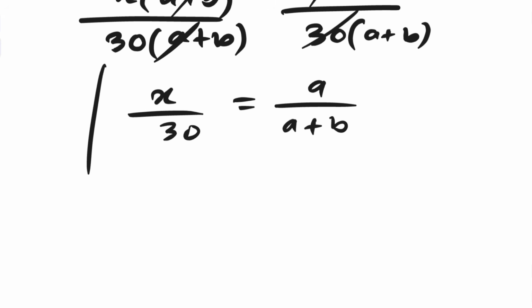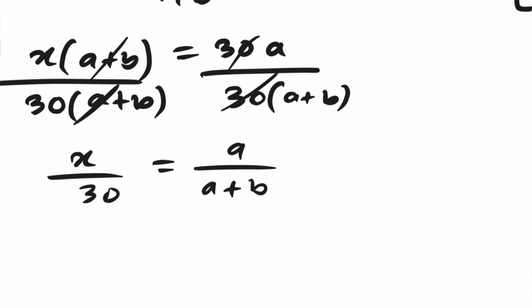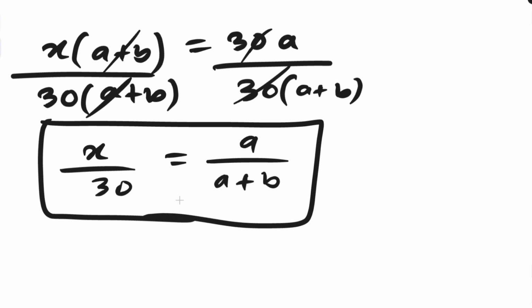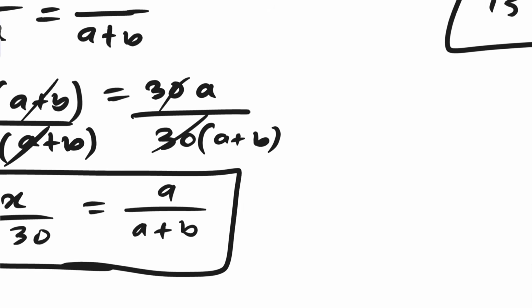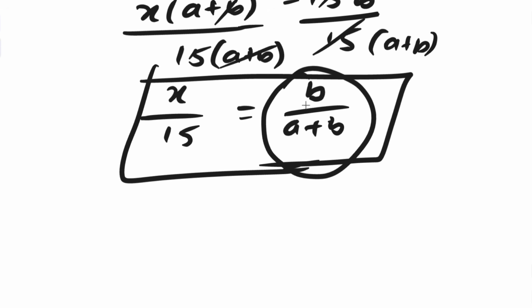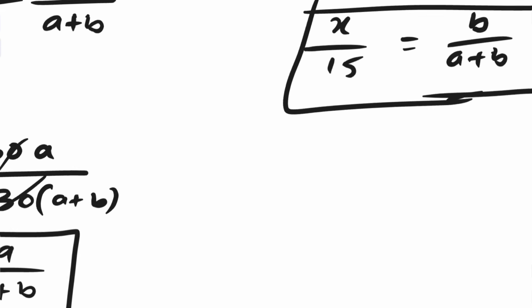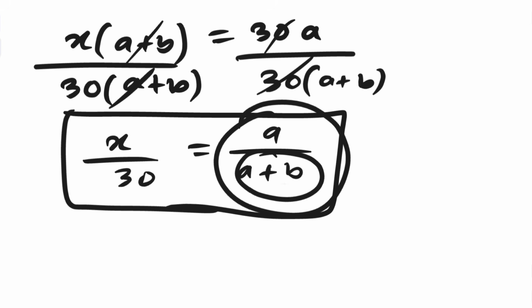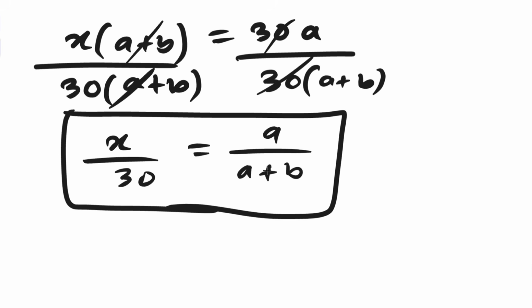Now pause here for a second because this is the key idea of the entire problem. We have one equation telling us that x divided by 15 equals B divided by A plus B, and another equation telling us that x divided by 30 equals A divided by A plus B. We could try to solve for A and B separately, but that would be unnecessary.